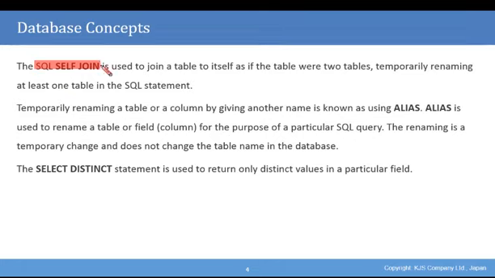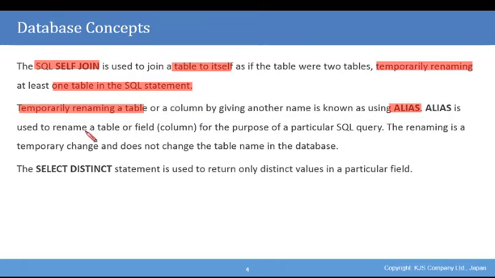The SQL self-join is used to join a table to itself as if the table were 2 tables, temporarily renaming at least one table in the SQL statement. Temporarily renaming a table or a column by giving it another name is known as using an alias.